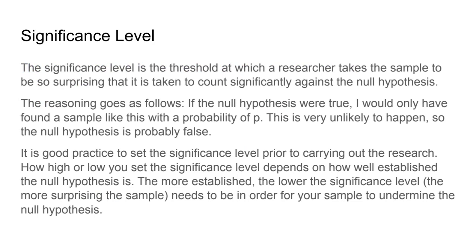Now, the significance level is a threshold that a researcher takes or assumes such that if the p-value falls below that threshold, then the sample is taken to be so surprising that it significantly counts against the null hypothesis.